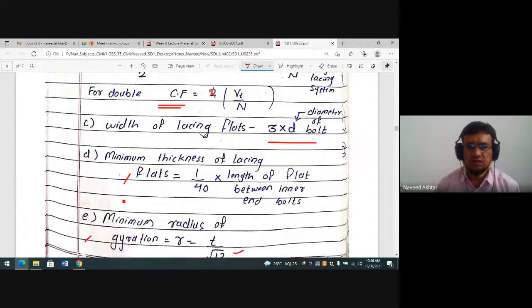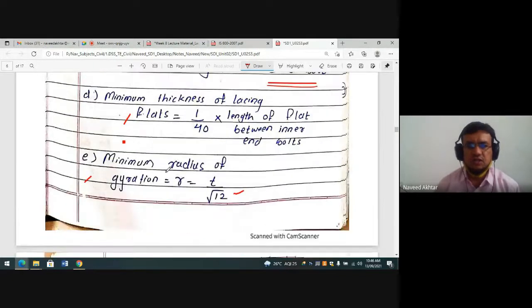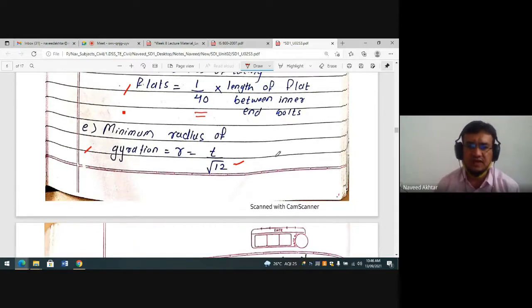The width of lacing flat, you decide with the nominal diameter of the bolt. Then minimum thickness of lacing bar as per the clause is 1 by 40 if the member is single lacing system. If double lacing system is there, we are going for 1 by 60 of the length of the flat bar between the end bolts or the weld.